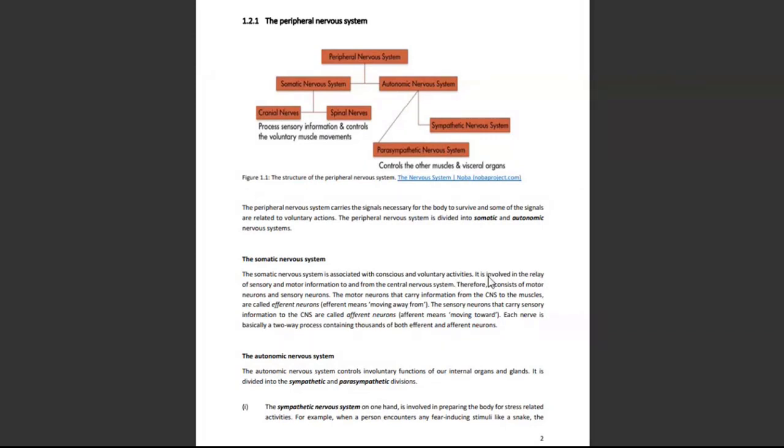It is involved in the relay of sensory and motor information to and from the central nervous system. Therefore, it consists of motor neurons and sensory neurons. I did mention to you that sensory is whereby you receive information. How do you receive information?